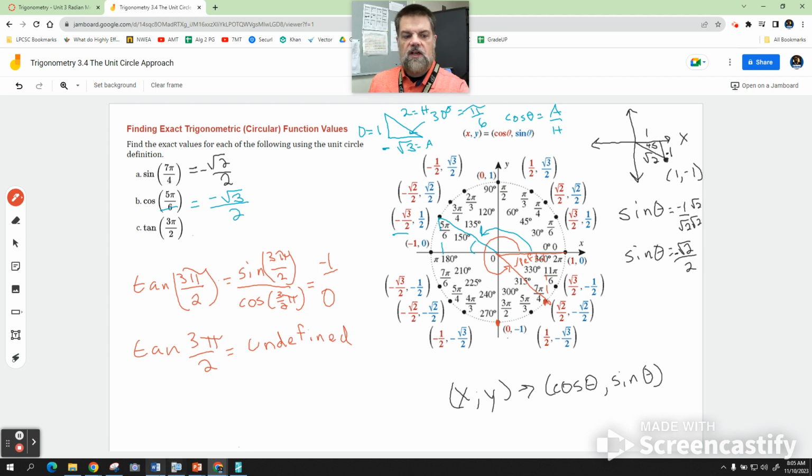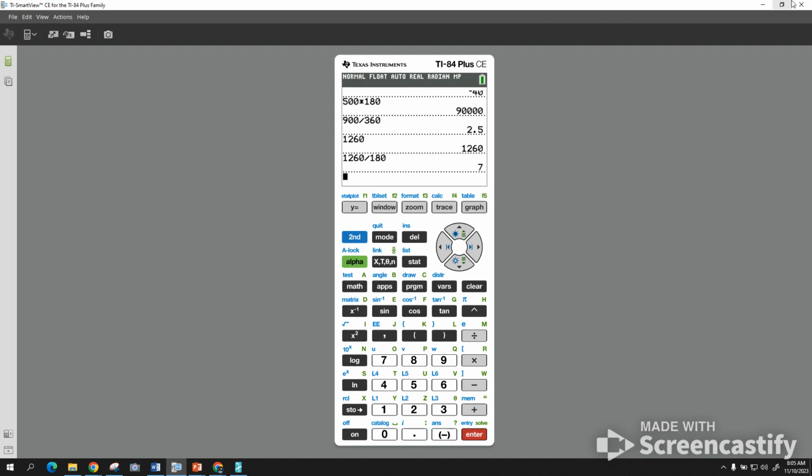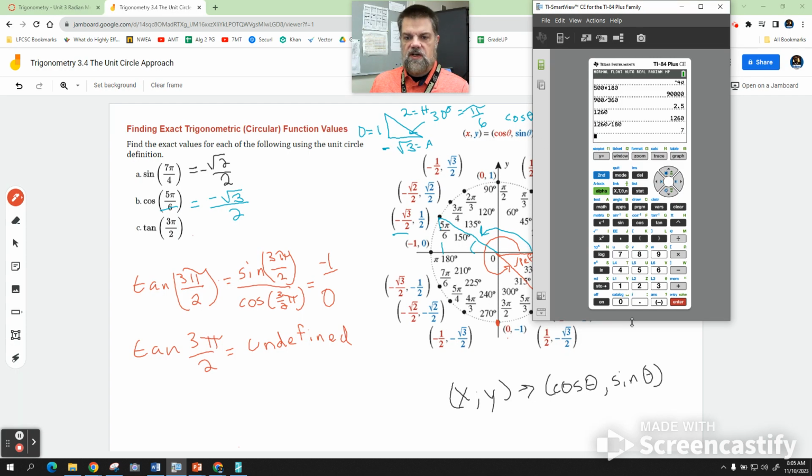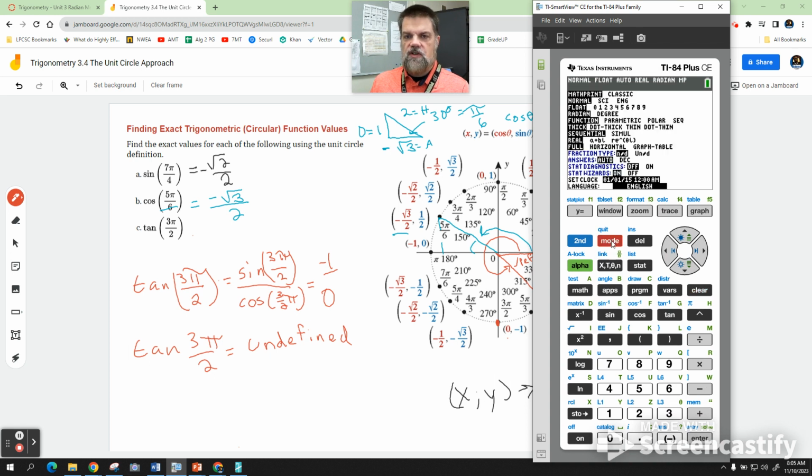So let's double check all these values on our calculators. Now, your calculators probably, well, if you didn't grab one, that's okay. Just look up here on the screen. They're on the bookshelf. So let me do the first one. First of all, on these calculators, you have to put it in radian mode. So you would scroll down here and go to radian mode. Mr. Adams already did that.